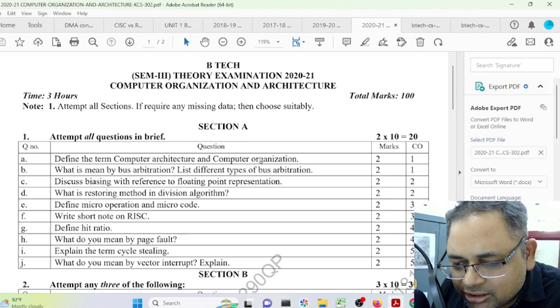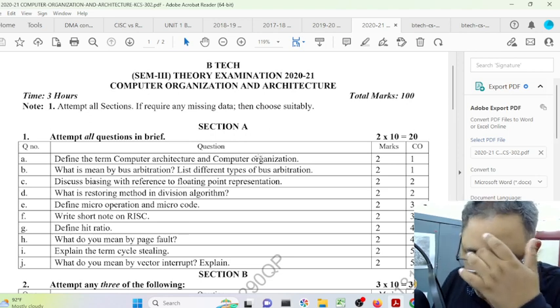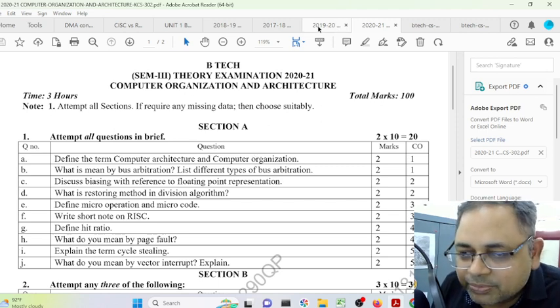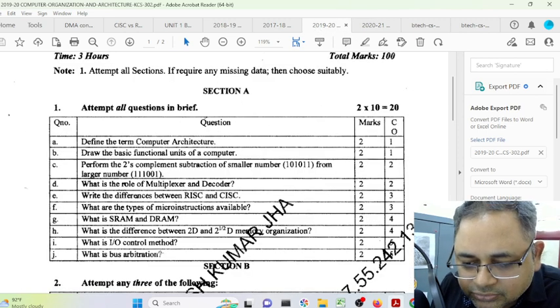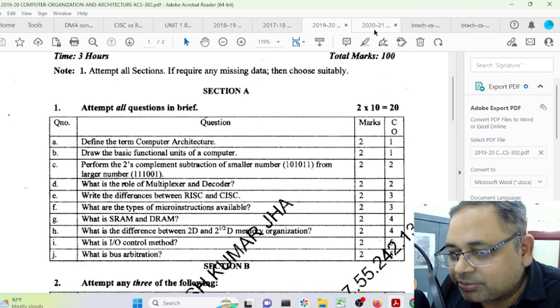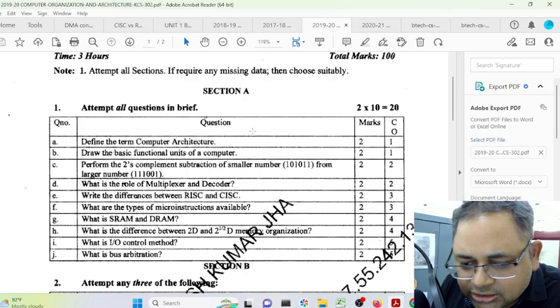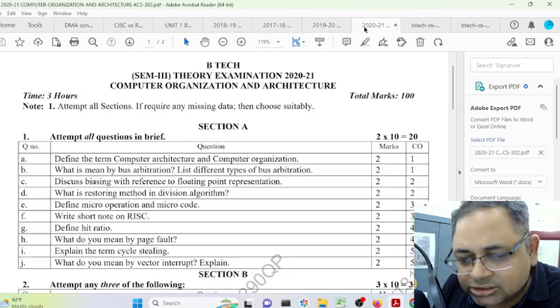They have just added the term computer organization also. So what does that mean? I feel that the paper setter also picks from previous year papers. Then bus arbitration, you can see last year's paper also has the question on bus arbitration.